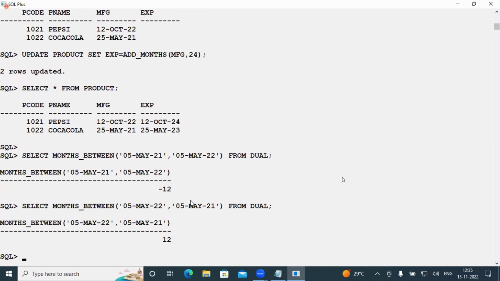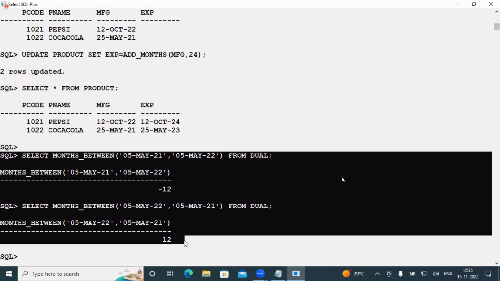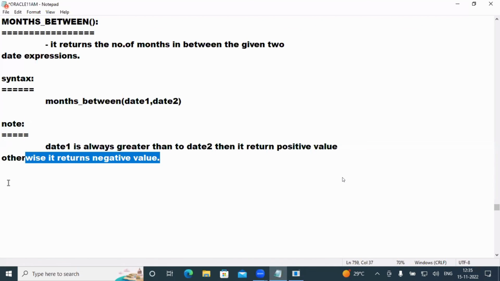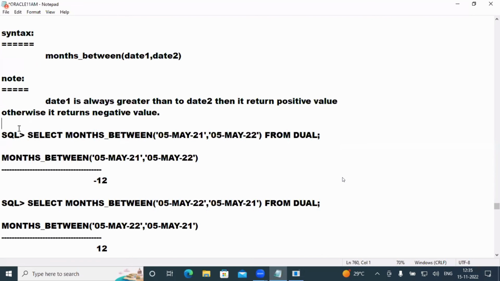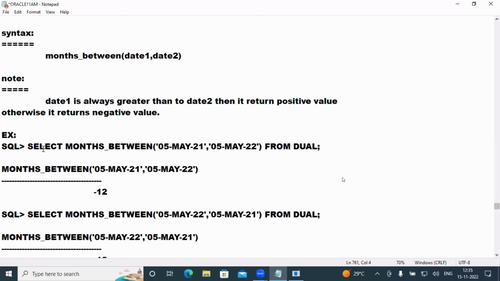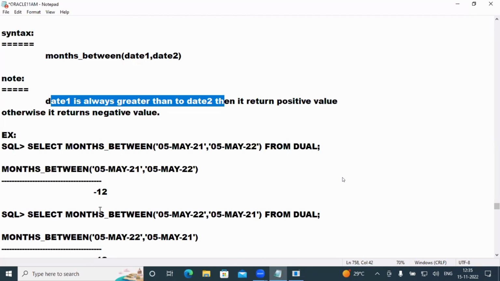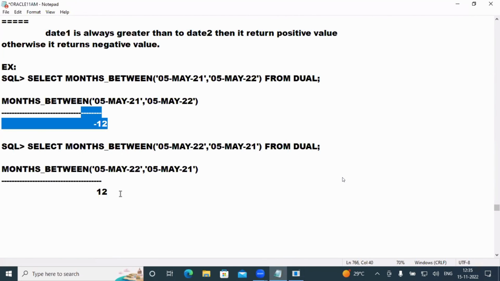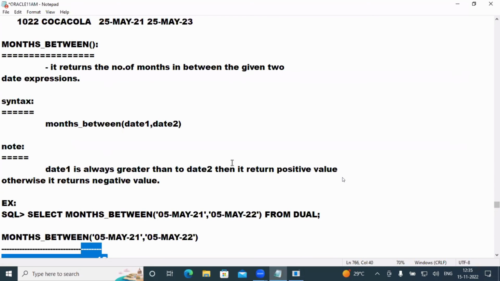So positive. Okay, now months between, whenever you want to use it, this point should be remembered. When date 1 is greater than date 2, then a positive value. If date 1 is less than date 2, it returns a negative value. Okay, right. So these are the date functions, guys.